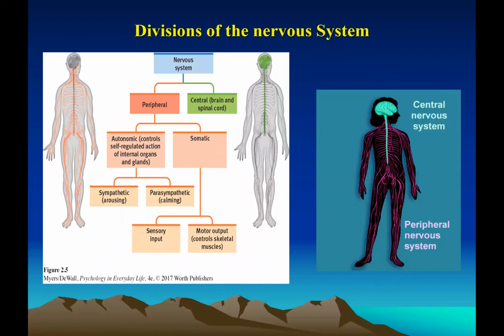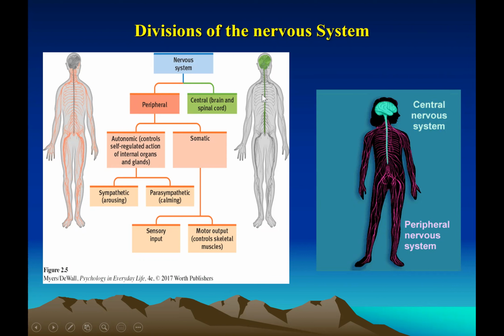Coming to the classification of the nervous system. So if you take the nervous system, it is divided into the central nervous system or CNS and peripheral nervous system, PNS. The central nervous system, in this picture it's shown in green, includes organs such as the brain and the spinal cord.